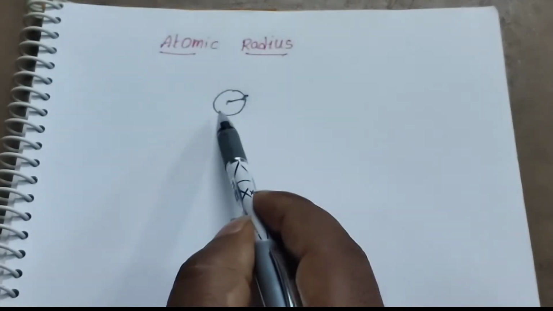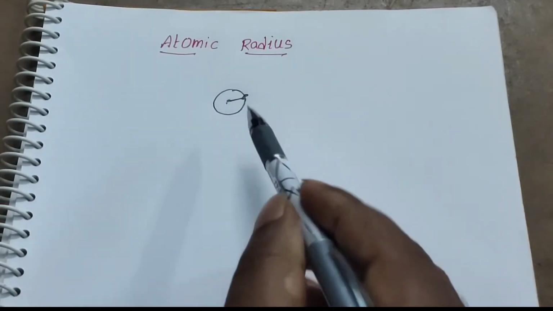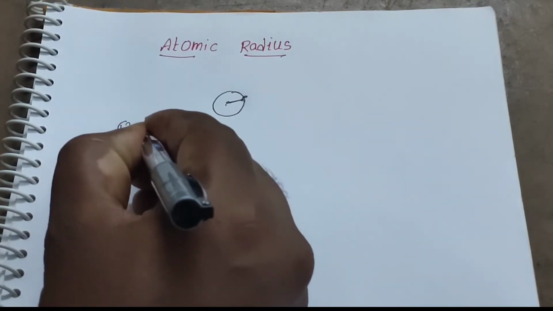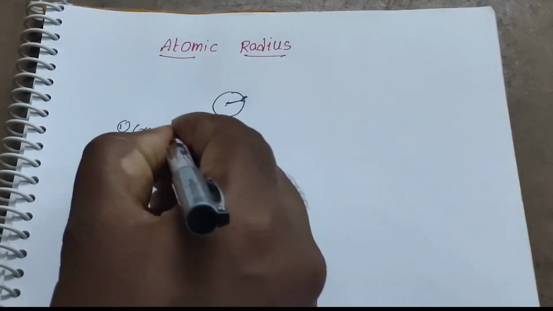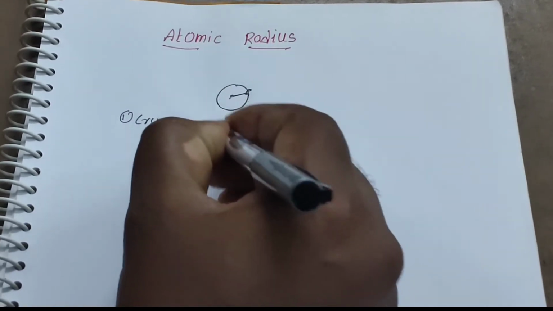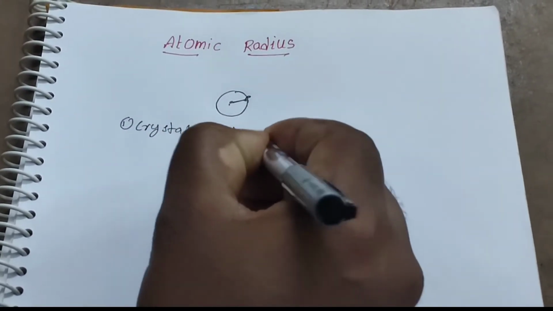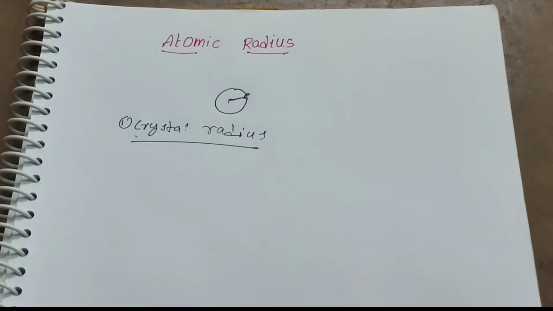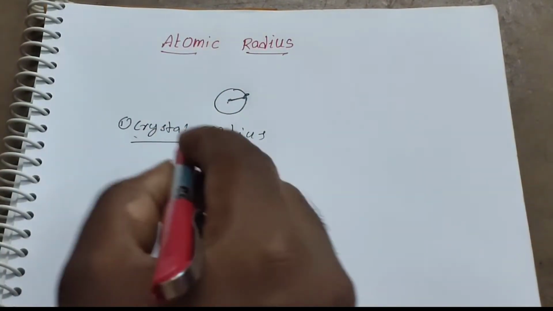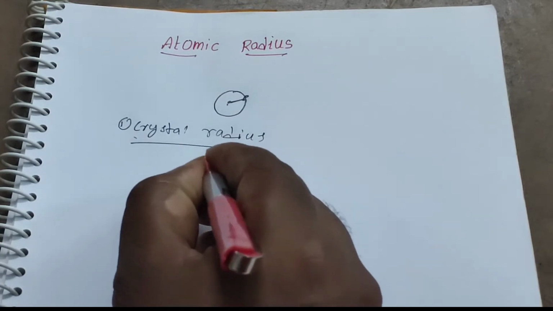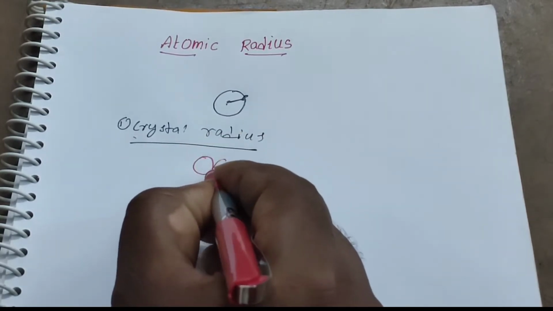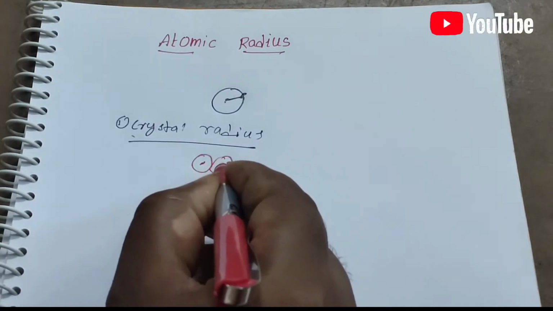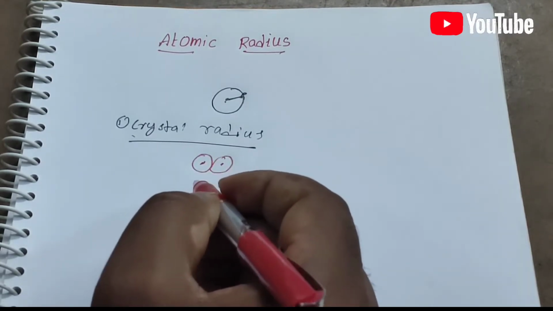Apart from that, the first one is the crystal radius. What is the meaning of the crystal radius? Here is one atom, and here is another atom, and here is the nucleus of one atom and the nucleus of another atom.